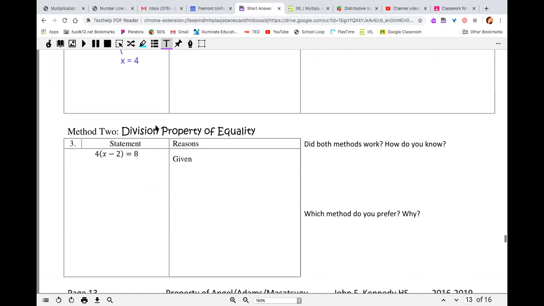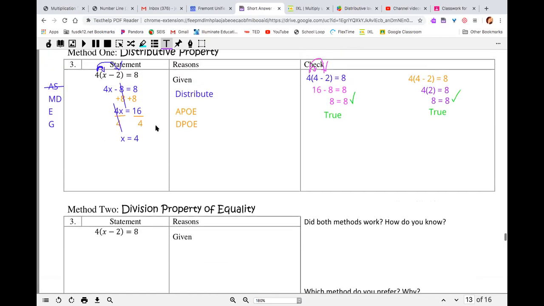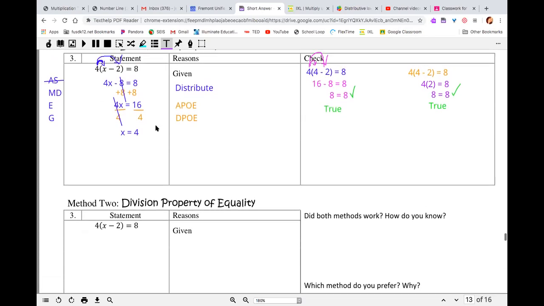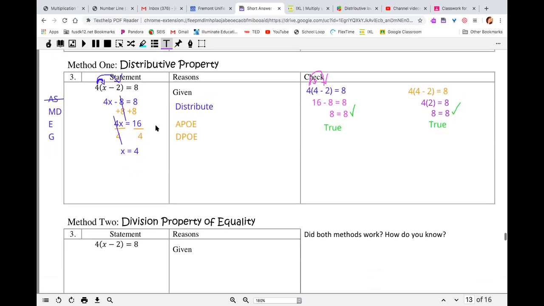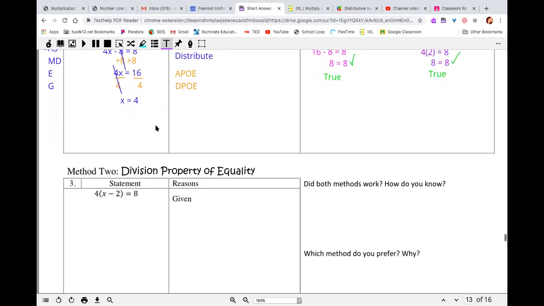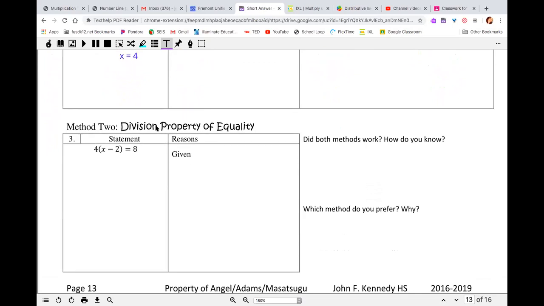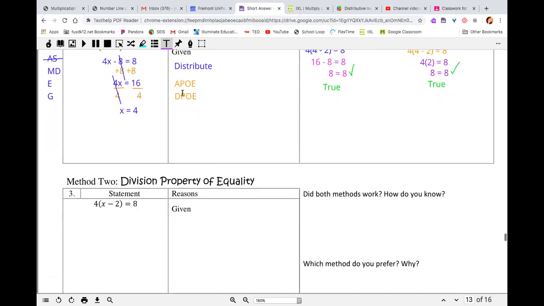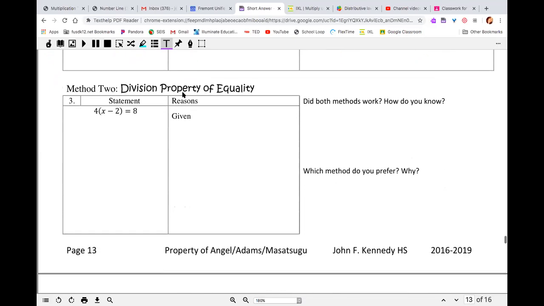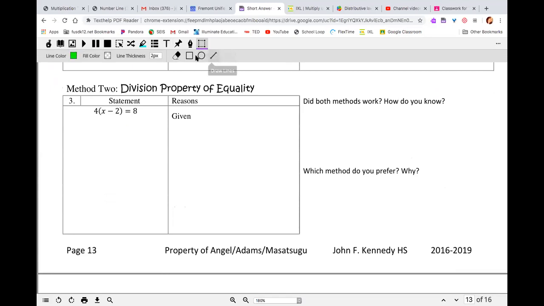So that one was distributive property, and then division property of equality is another way we can solve this, which I will show you.